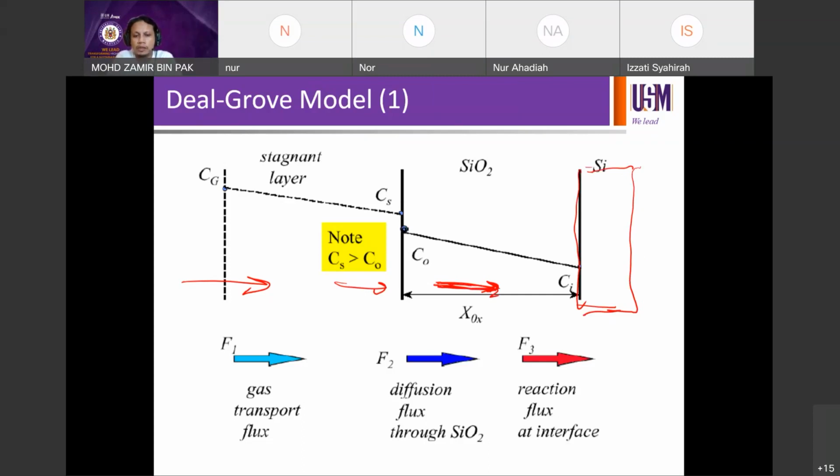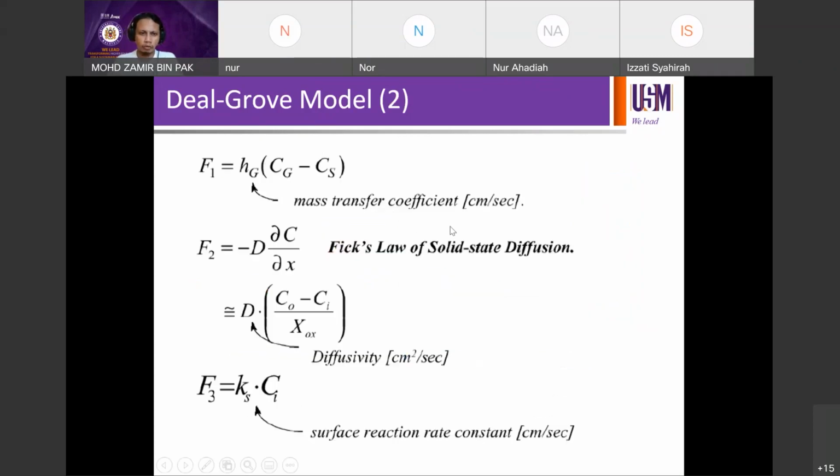F2 is the diffusion flux through the silicon dioxide in the existing layer, and F3 is the reaction flux at the interface of silicon dioxide and silicon in order to continue the growth process. So these three fluxes can be described by three different equations.